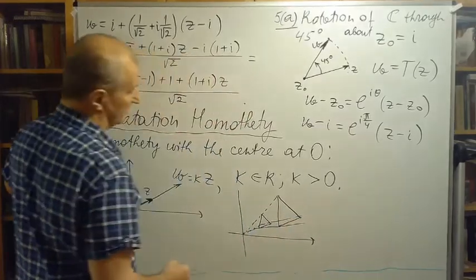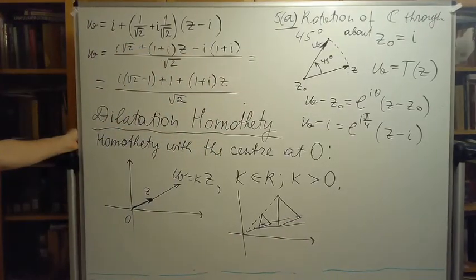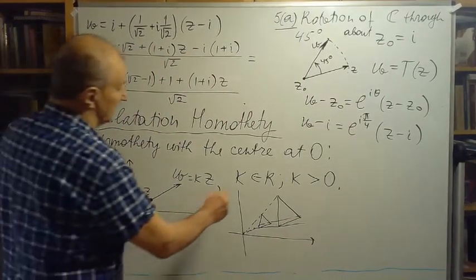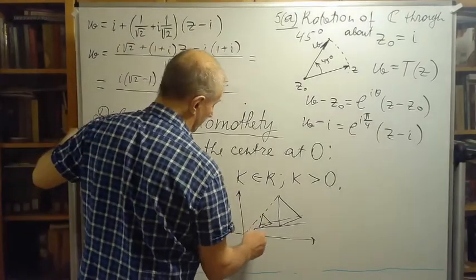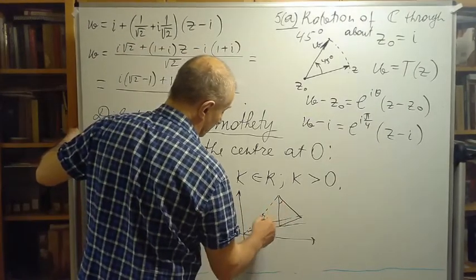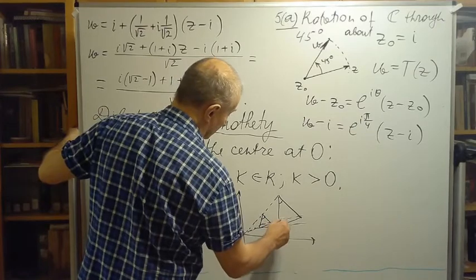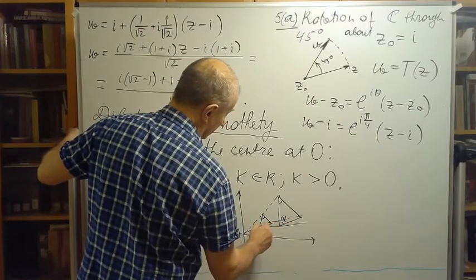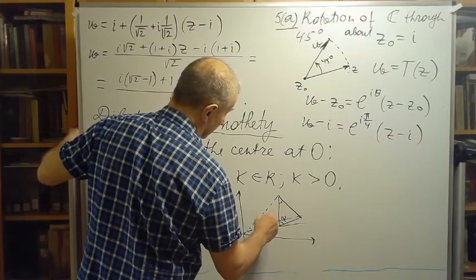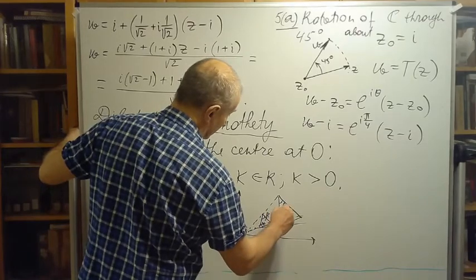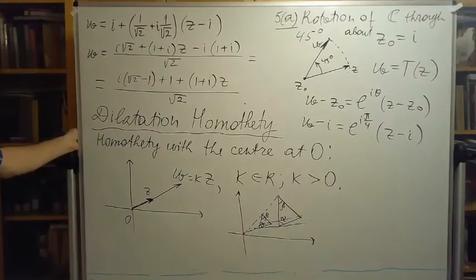That will be the image of this triangle. You will obtain a similar triangle, and each angle is preserved. So, for instance, if this angle is alpha, this is still alpha. If this is angle beta, this will be angle beta, and so on.